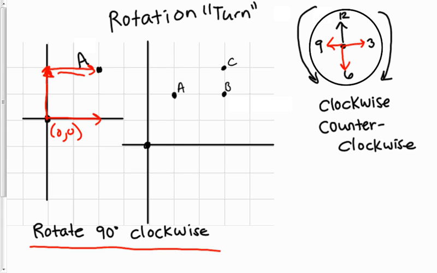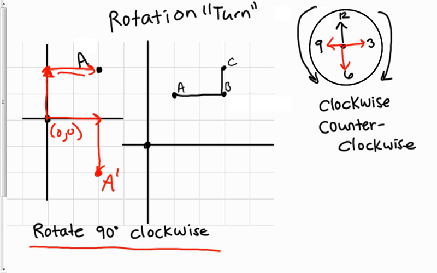And so if I rotate it 90 degrees clockwise, it's going to be pointing down towards 6 o'clock. And so it's going to look like this. So my new point A is going to be located right here, and I'm going to say that that's A prime.